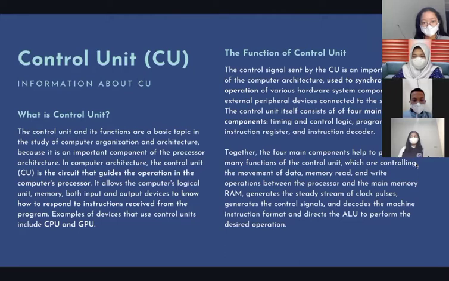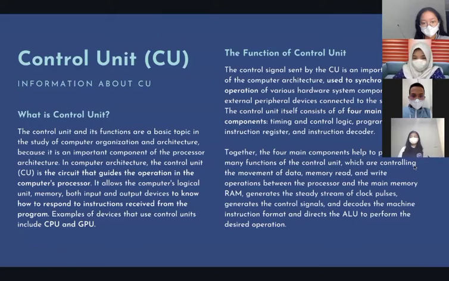The function of control unit. The control signal sent by the CU is an important part of the computer architecture, used to synchronize the operation of various hardware system components and external peripheral devices connected to the system. The control unit itself consists of four main components: timing and control logic, program counter, instruction register, and instruction decoder.